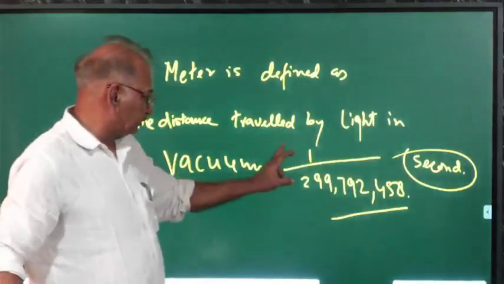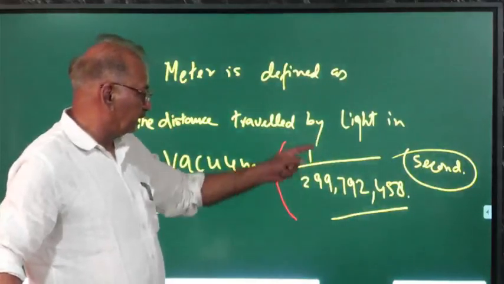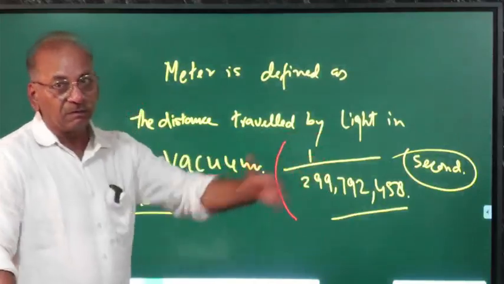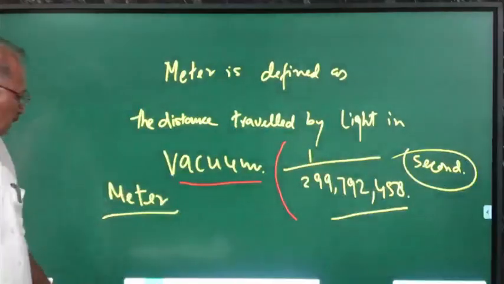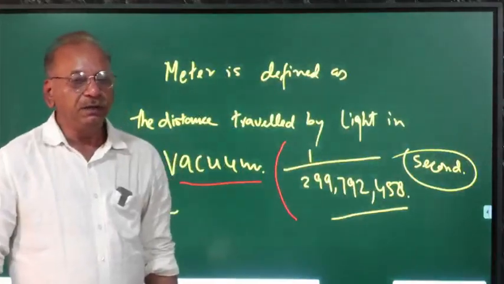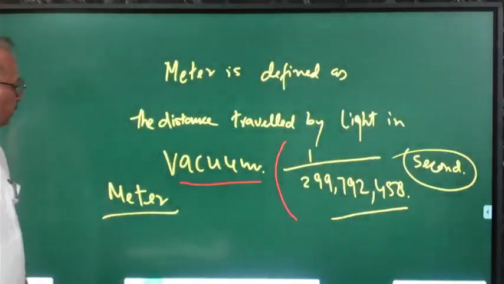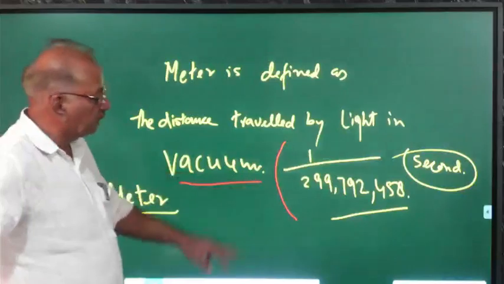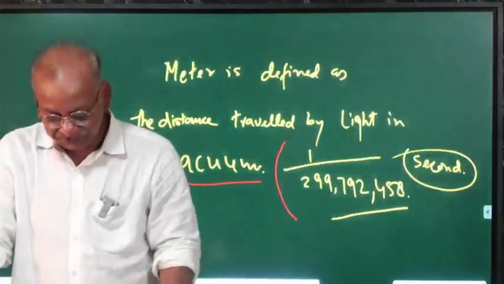In this fraction of time, the ray of light travels whatever distance is called 1 meter. The only condition is that it should travel in vacuum, right?